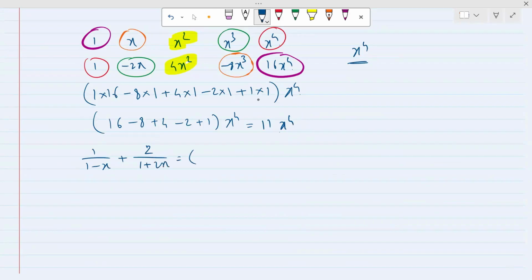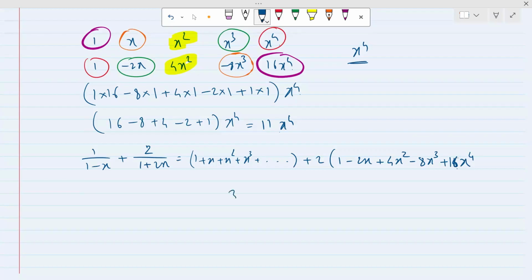You just have to add this. So what will you get after adding this? 1 plus x square plus x plus 2 into 1 minus 2x plus 4x square minus 8x cubed plus 16x raised to 4.